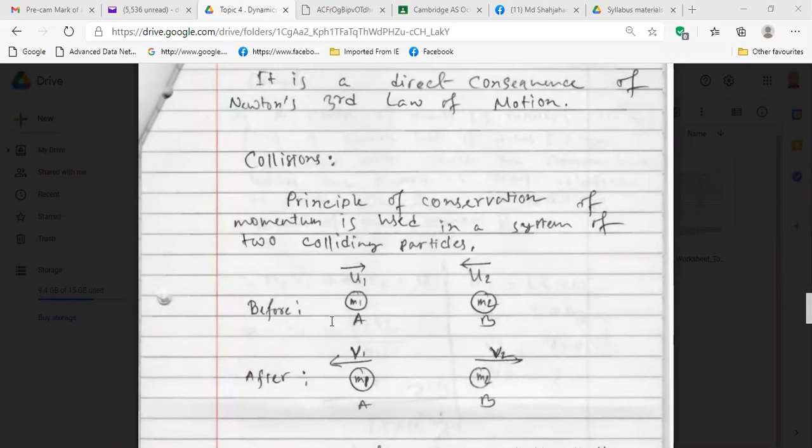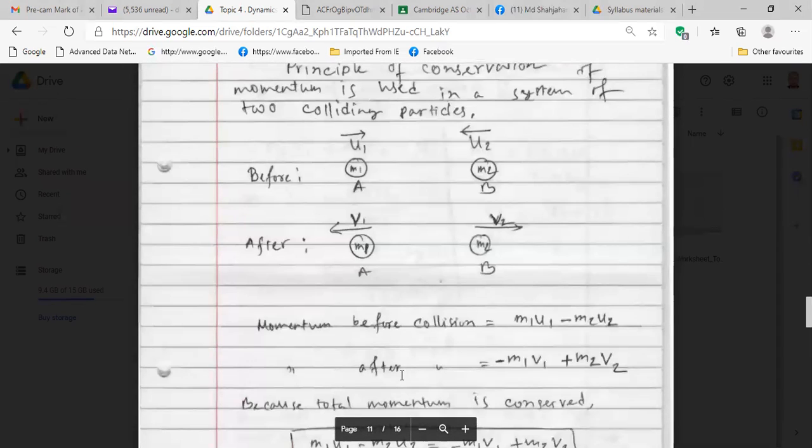So you see m1 and m2, these two are coming towards each other, right? They will collide, and after colliding, they are going to opposite sides.